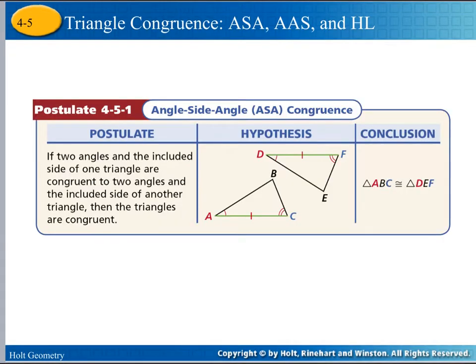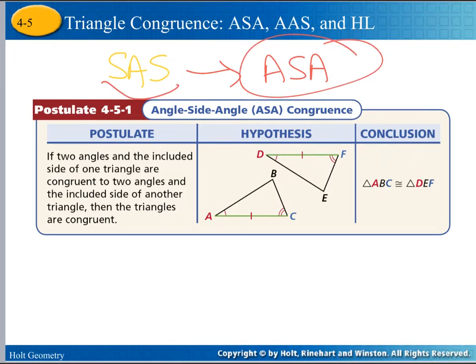So the first postulate we're going to talk about is angle, side, angle. And remember we learned side, angle, side was a thing, and now we're going to look at angle, side, angle. It's also a thing, and you can see the relationship there. This one had the side and the included angle. The new one has two angles and the included side, and we're going to accept this without proof.